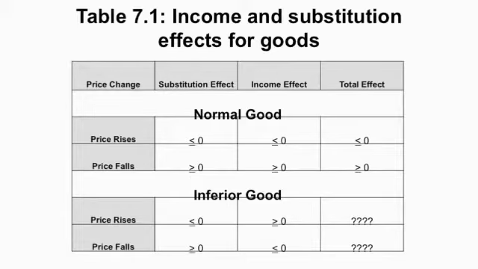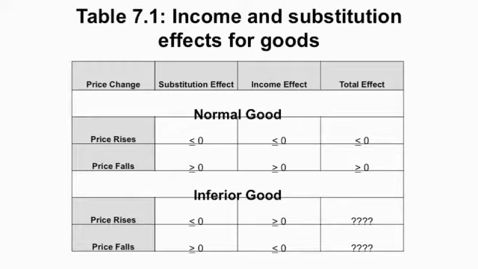Quantity falls. That's the law of demand we talked about last time, downward sloping demand curves. Likewise, if the price falls, the substitution effect is positive and the income effect is positive. You're now richer because the price of a good fell, and so demand goes up. Once again, downward sloping demand curve. Price rises, you consume less of it. Price falls, you consume more of it. That's what we learned about in the first lecture.